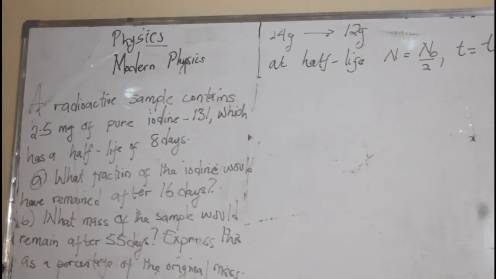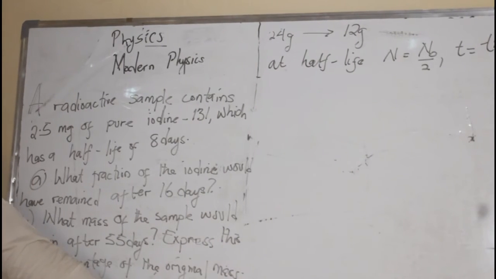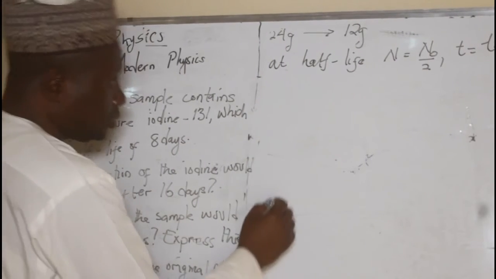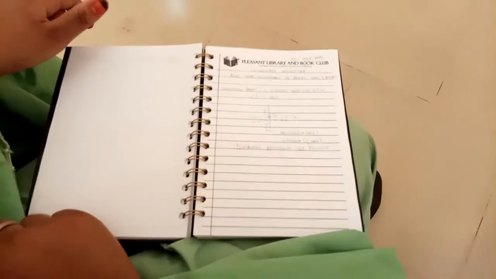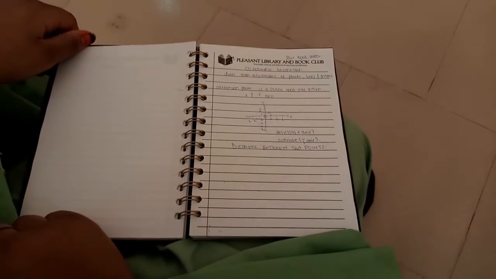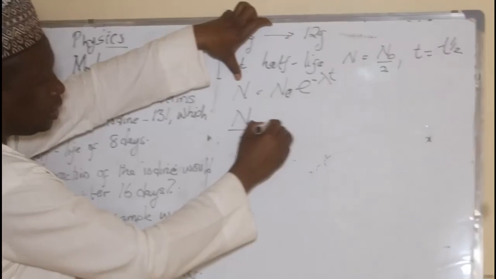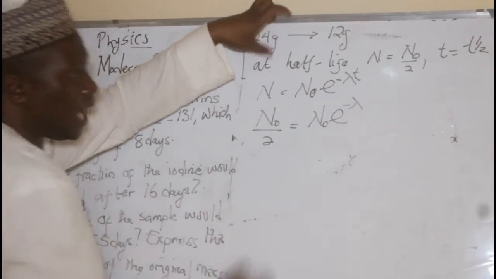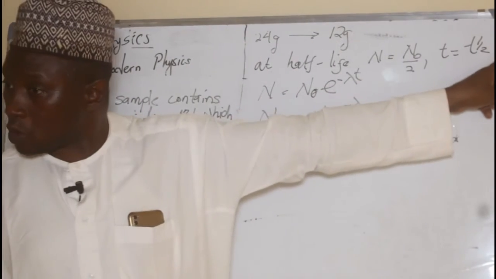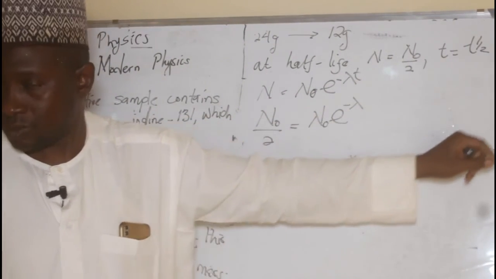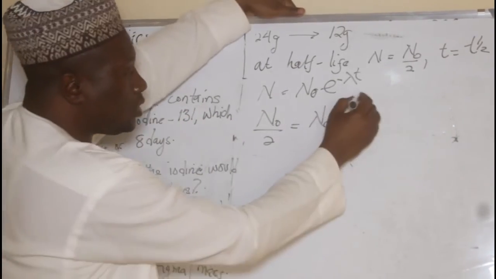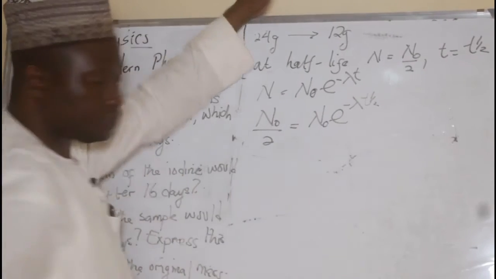So now at half-life, I'm going to substitute this and obtain an expression for the half-life. My N is N naught over 2, so I have N naught over 2 equal to N naught e raised to the power minus lambda t half, since at half-life t equals t half.